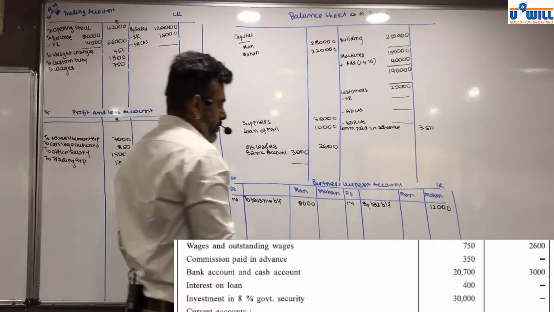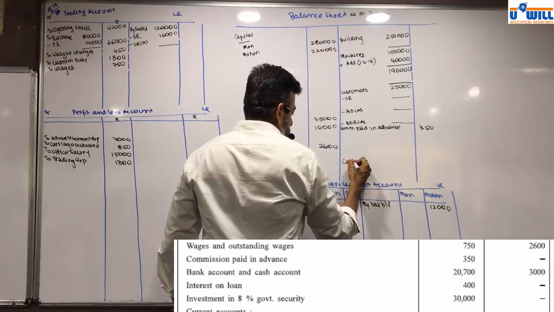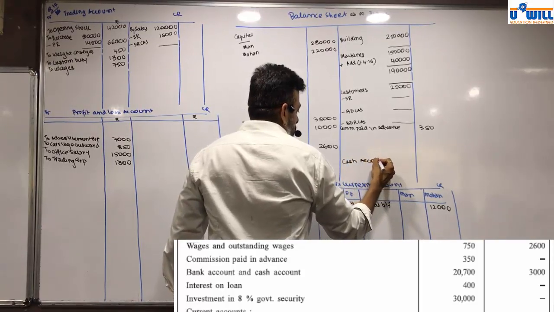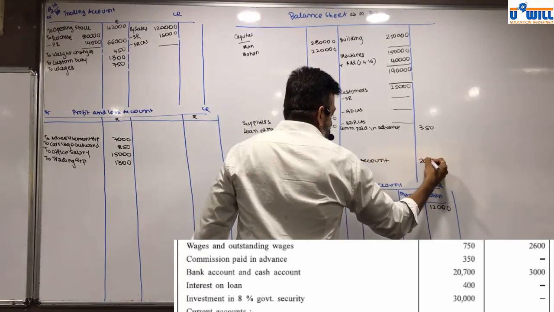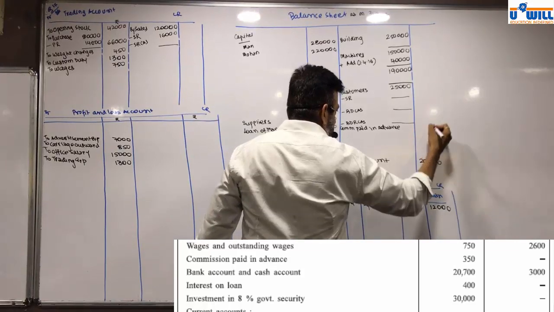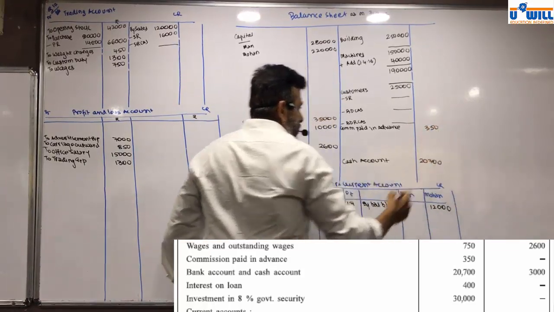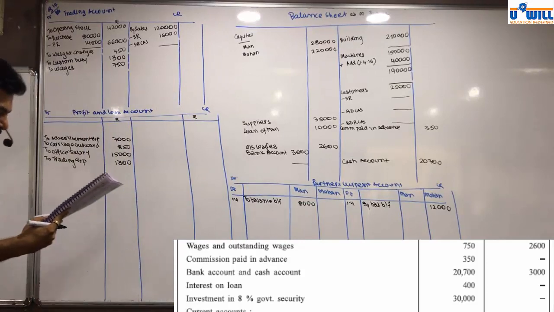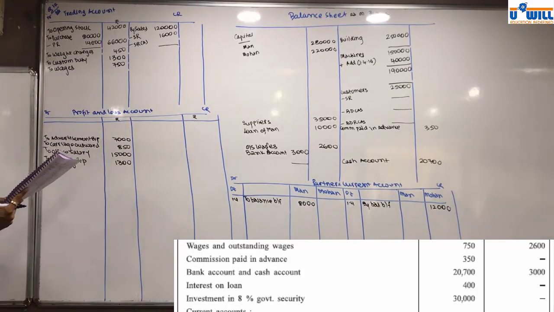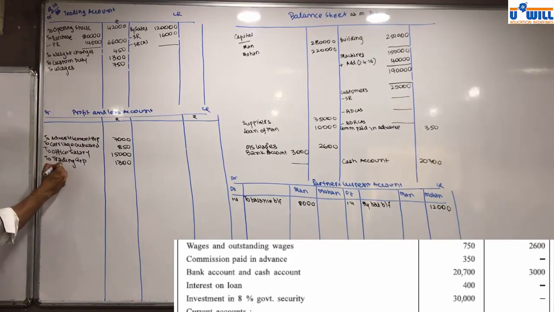Cash account 20,700. Interest on loan, inner column 400.